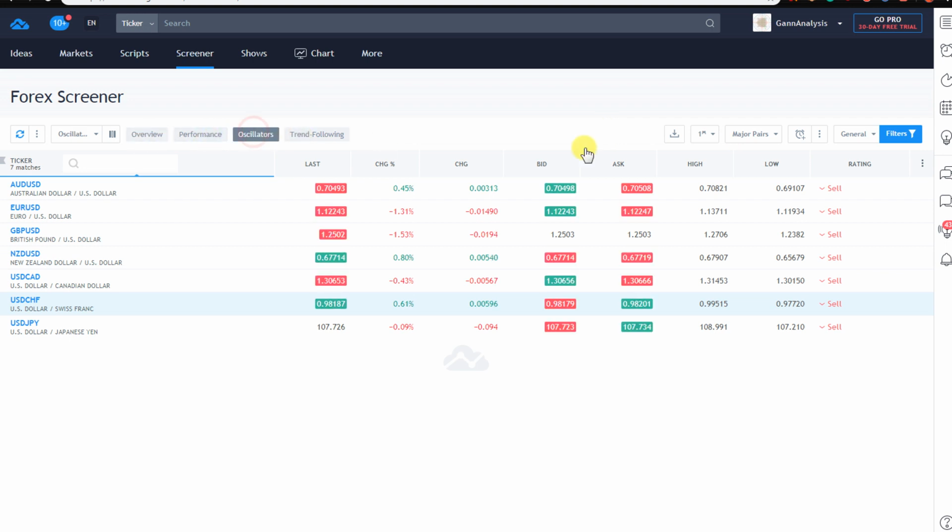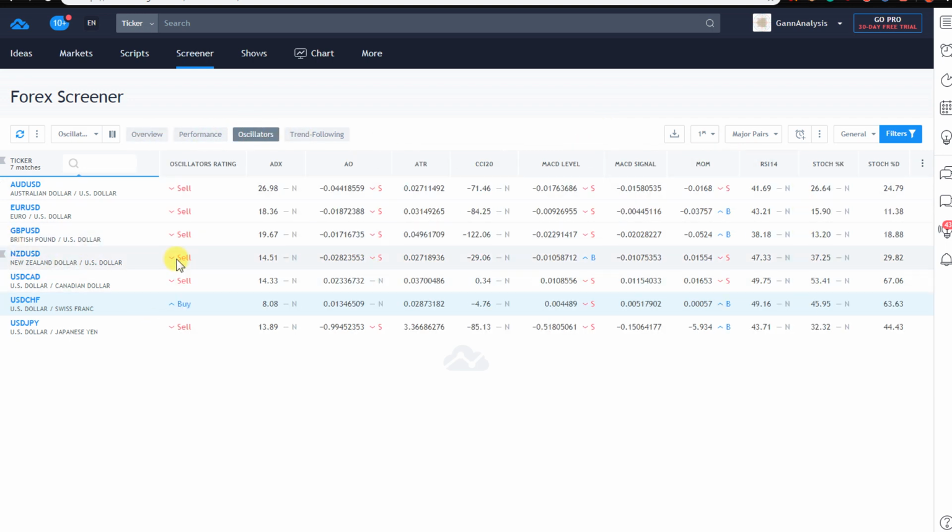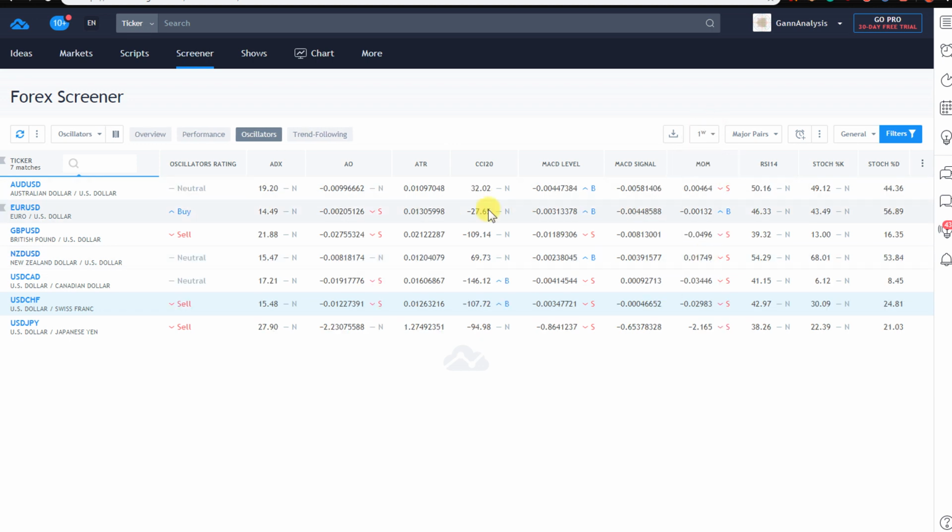Overview, oscillators, the New Zealand monthly sell, New Zealand's neutral. Interesting, the Aussie's on a buy. And then on a daily, New Zealand's on a sell. So the oscillators are not really giving you any clue. I mean, they have a few here, so I don't know how, I guess they tally it up.